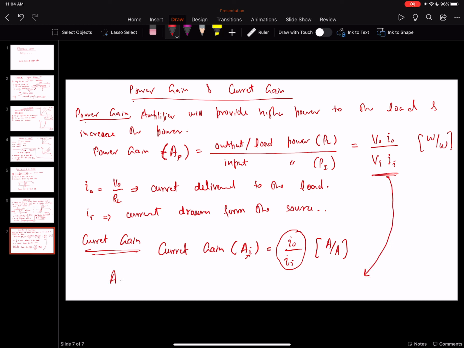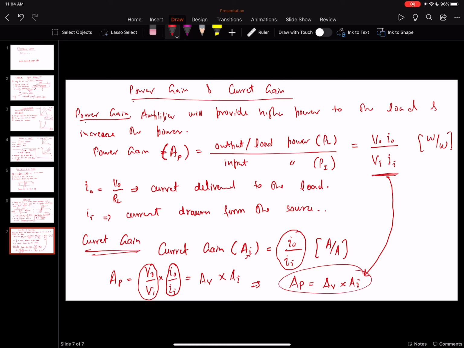AP equals V naught over VI into I naught over II. V naught over VI is the voltage gain, and I naught over II is the current gain. So you can write the power gain is a product of the voltage gain into the current gain. Okay, great.